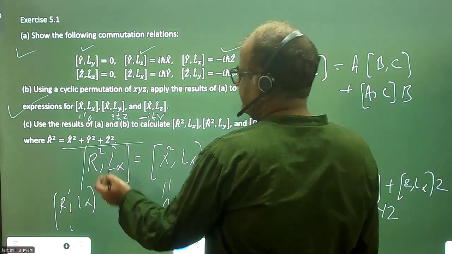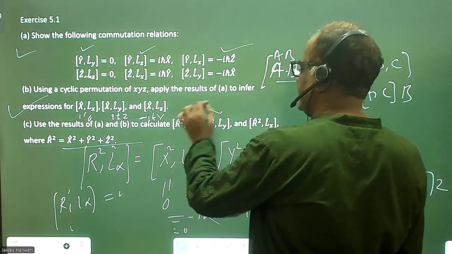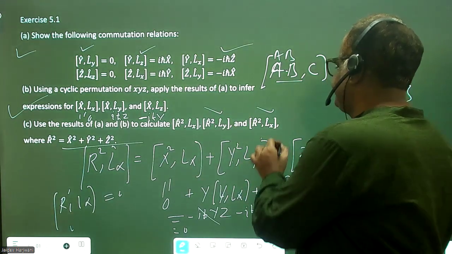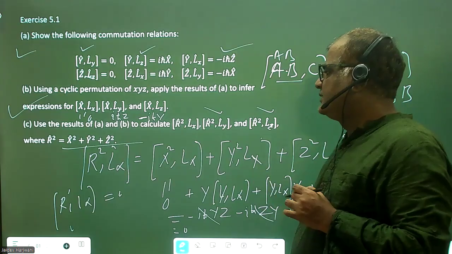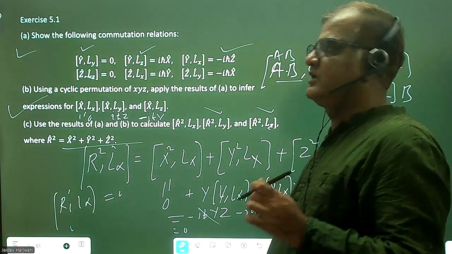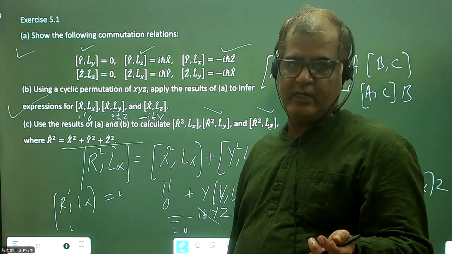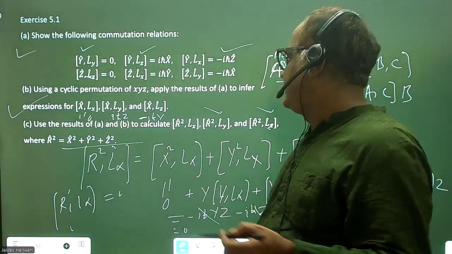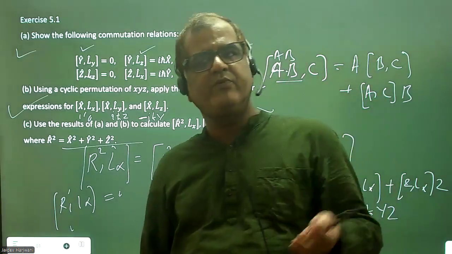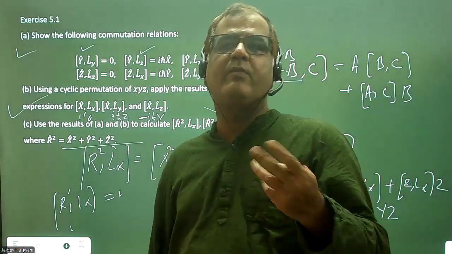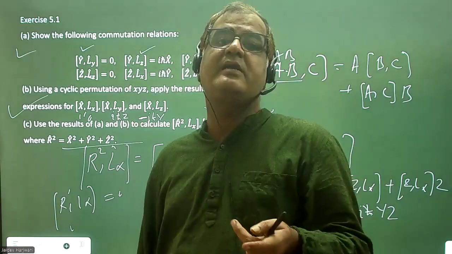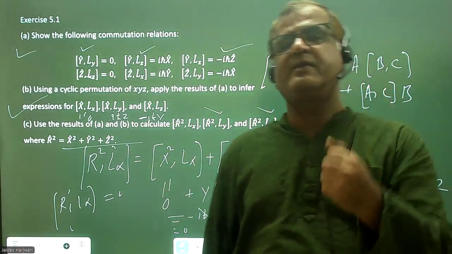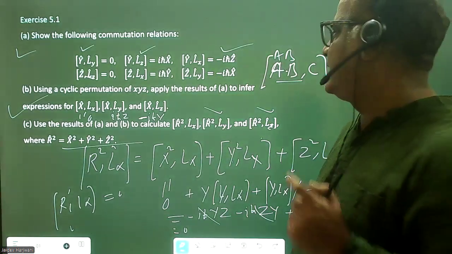Similarly, we can say r square also commutes with Ly and Lz. That means r square commutes with its components Lx, Ly, Lz, so r square also commutes with angular momentum. So r square and the angular momentum operator can have a simultaneous eigenstate. They can be measured simultaneously. So this is a very important result.